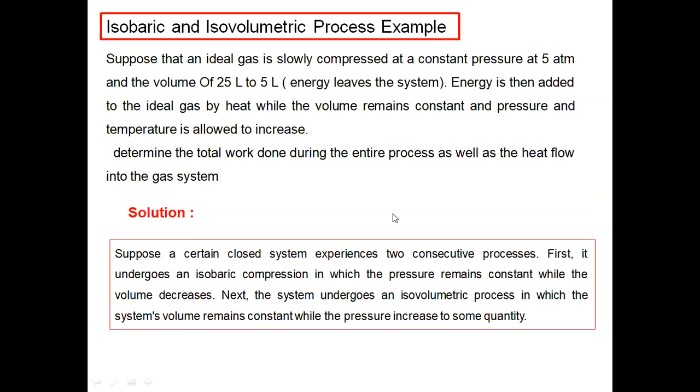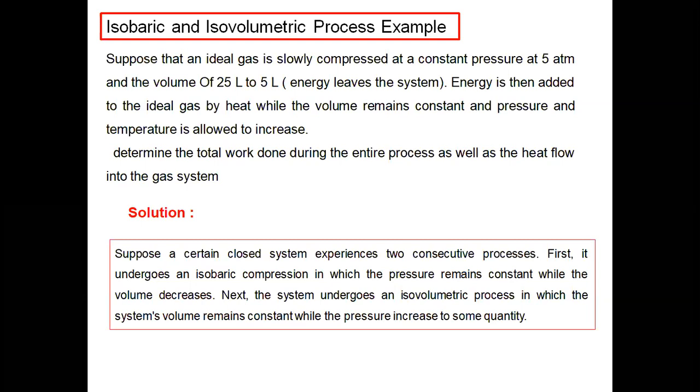Another example of the first law of thermodynamics is an isobaric and isovolumetric process example. Suppose that an ideal gas is slowly compressed at a constant pressure of 5 atm from a volume of 25 liters to 5 liters. إذا عندنا صار compress من 25 لتر إلى 5 لتر. هذا يعني إن الإنرجي leaves the system.